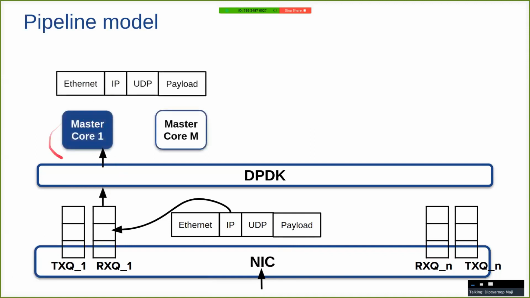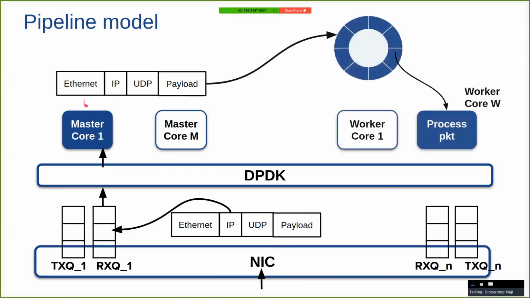Now, any one of the master cores will receive this packet into the user space. So we have this UDP packet in the user space now, and then the master core will distribute or transfer this packet into one of the worker cores.